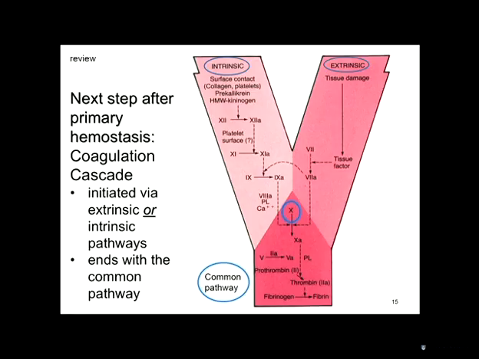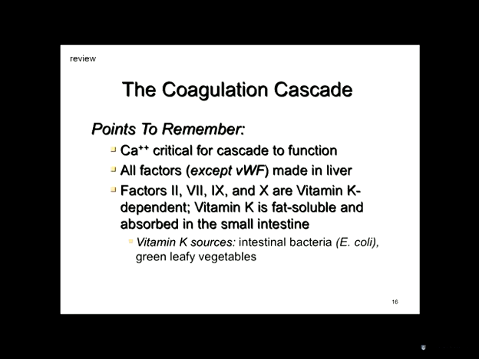Bottom line, these are just the main points that you need to keep track of because it helps to understand the abnormalities. During this coagulation cascade, you have calcium that's very important, it's critical. All factors except von Willebrand factor are made in the liver, I told you that.